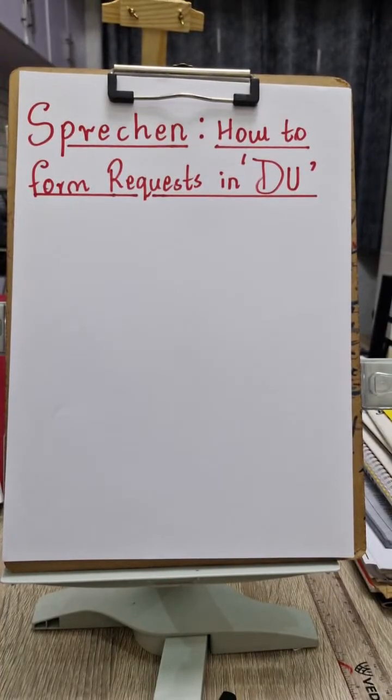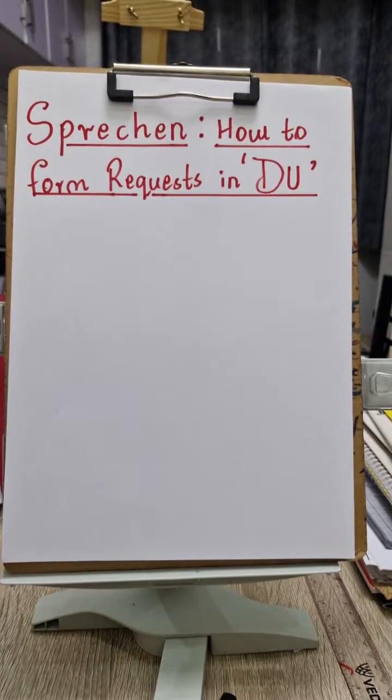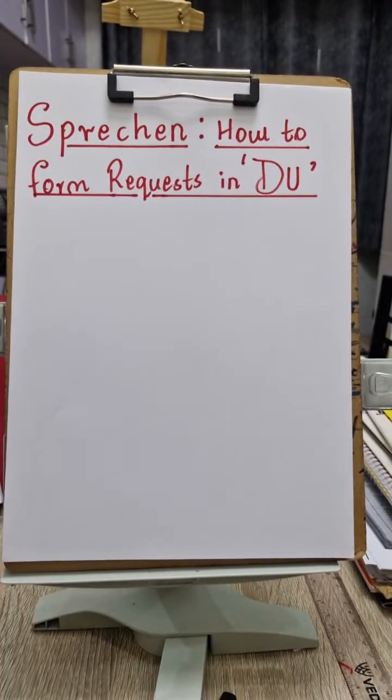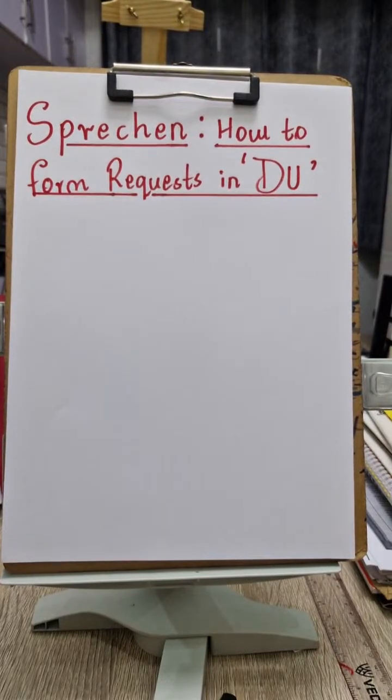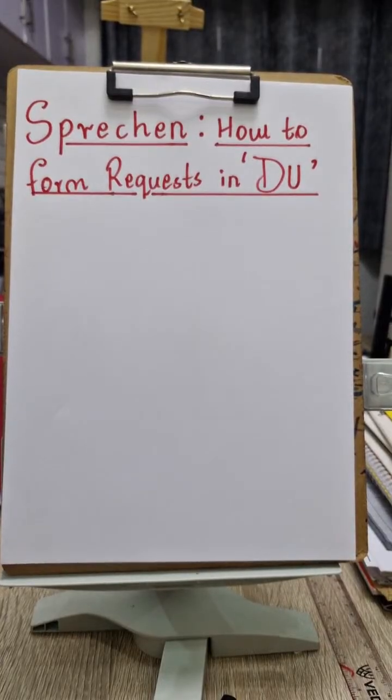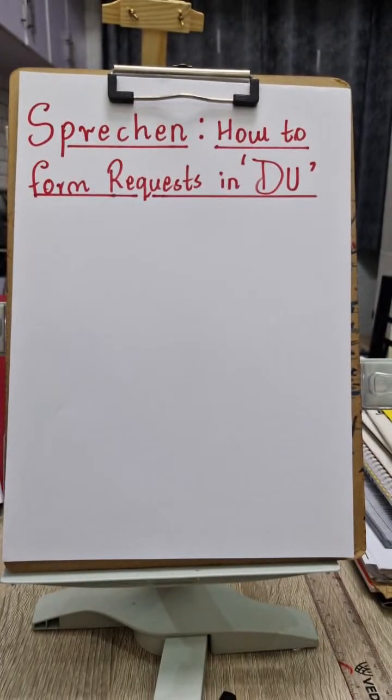All right, then. Today I have scheduled yet again another interesting bit that is in connection to your speaking examination, right? Now, this is going to affect three different modules, that is your Sprechen part, in A1, A2, B1, B2, etc. Because in all these various levels, I will be expected to form requests, right?